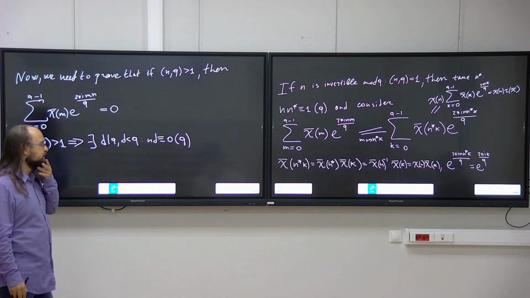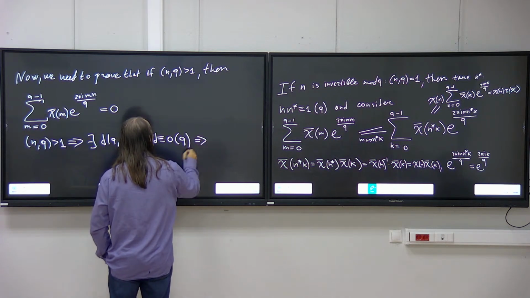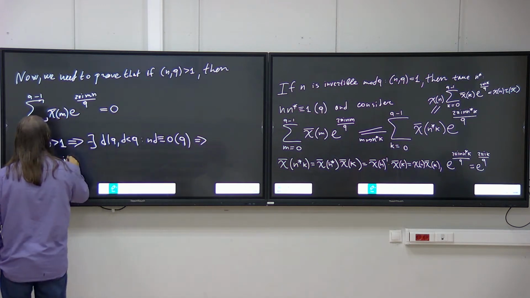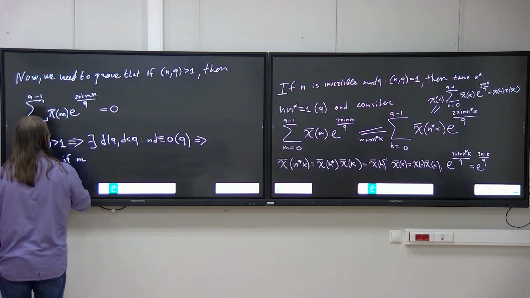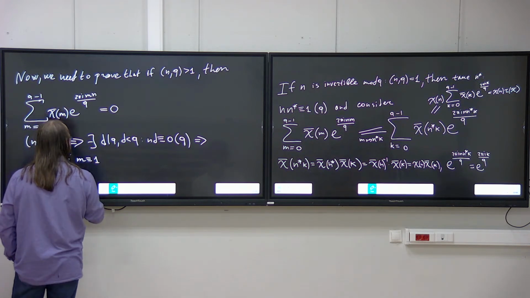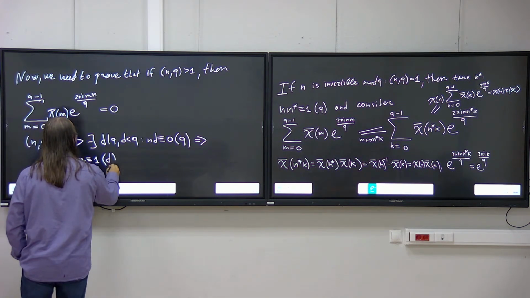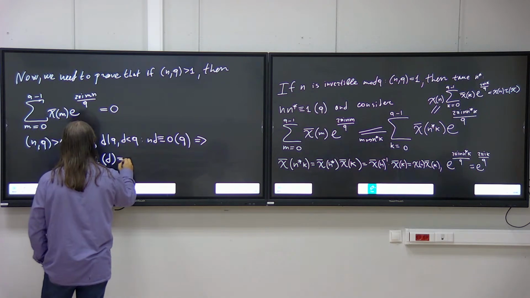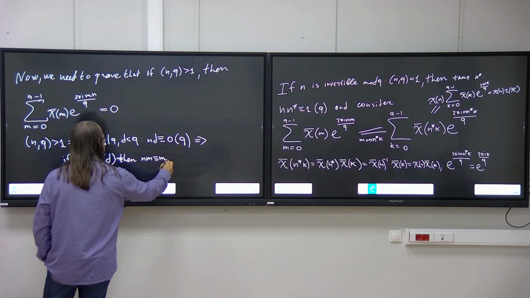Right? This means that if, say, m is congruent to 1 modulo d, then nm is congruent to n modulo q.